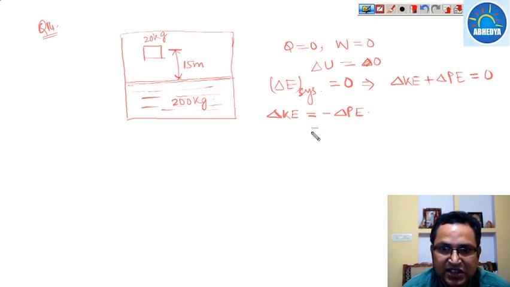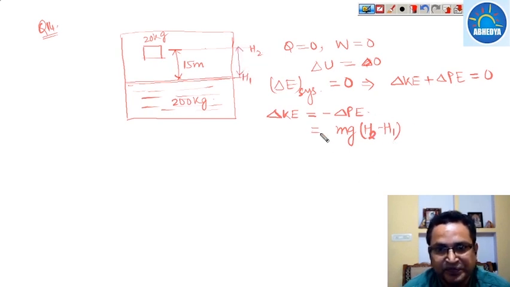And what is the change in potential energy? That is mg into H2 minus H1. Okay. So this position is your H2 and here H1. If I am considering this as H1 and this position as H2, so this is basically H2 minus H1.